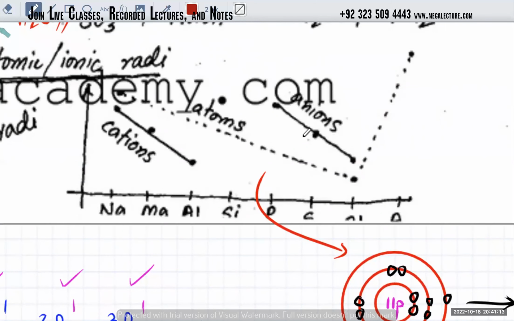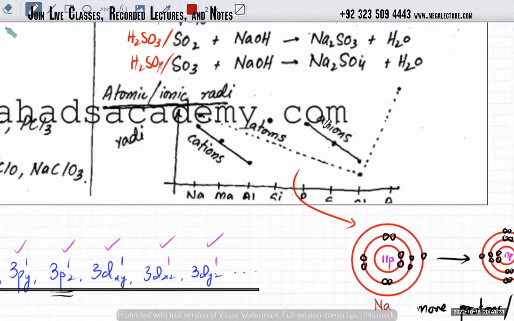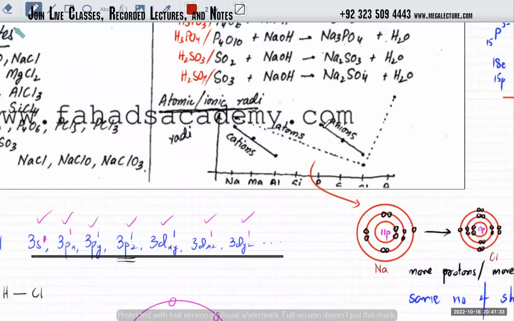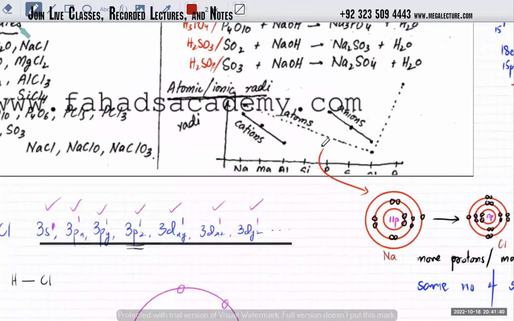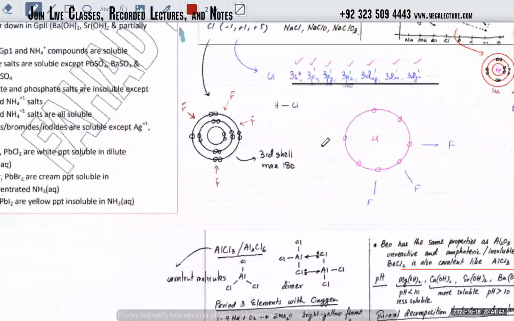When you form a negative ion, you have extra electrons, and the electrons repel each other, so they end up further away from each other. So the anion is bigger than the atom. Okay? Clear है बात? जी sir. Yes, sir.